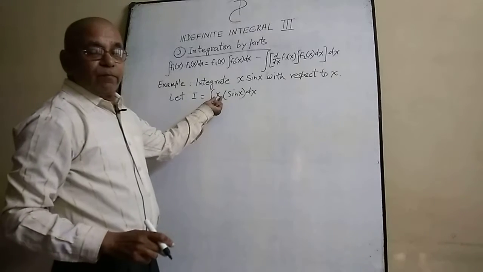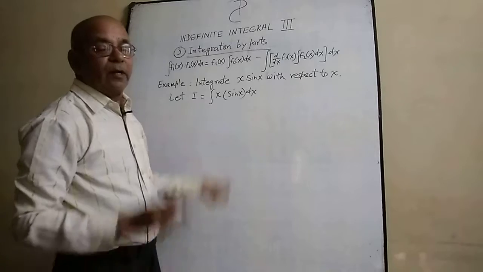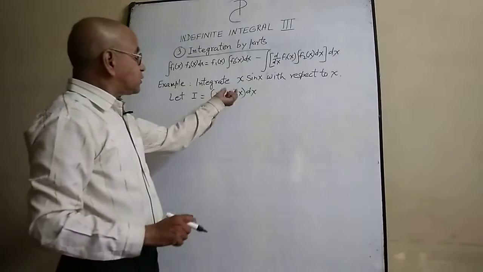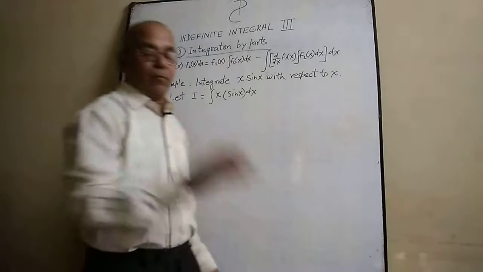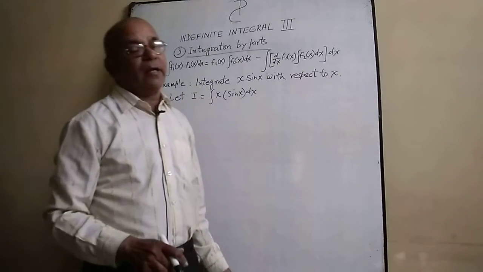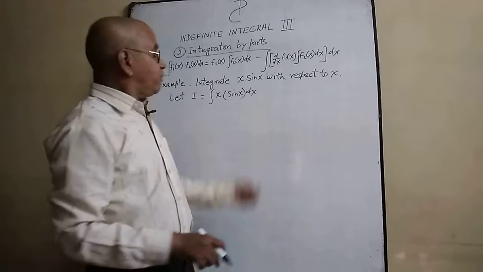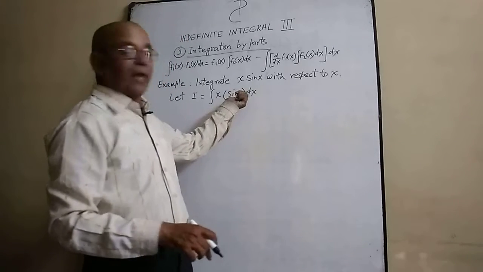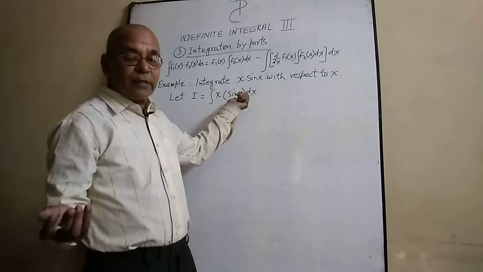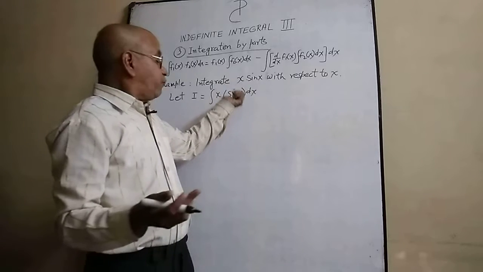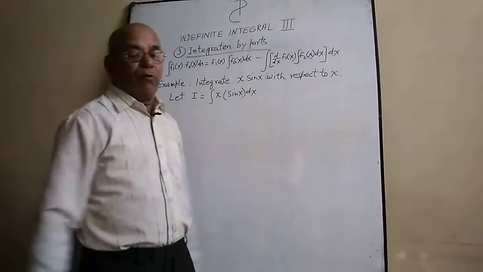The x function we differentiate and it becomes 1. And the integration of sin x is minus cos x, and the integration of cos x is sin x. Similarly, if we choose the first function as sin x, then the differentiation of sin x is cos x, and the differentiation of cos x is minus sin x, meaning it's just a rolling system.